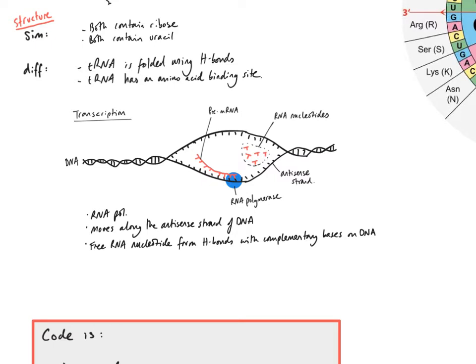thymine. And while I'm on thymine, we can always get a mark for talking about the complementary base pairing. So if the DNA base is thymine, a RNA nucleotide with adenine will bind.